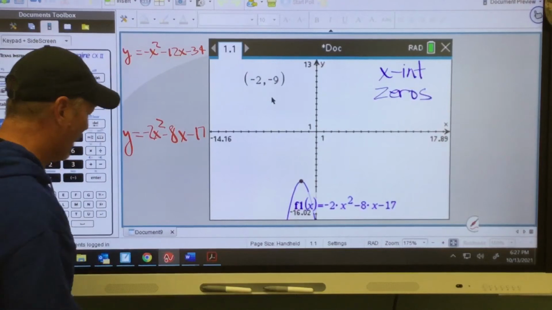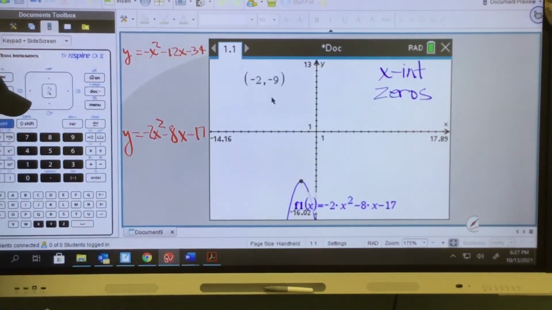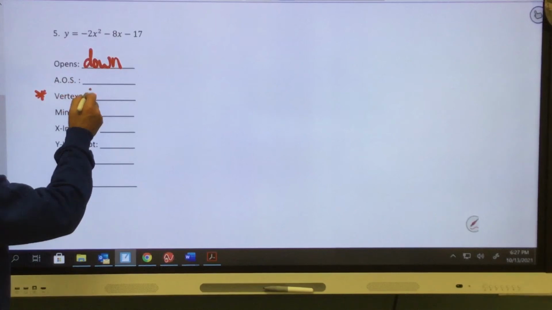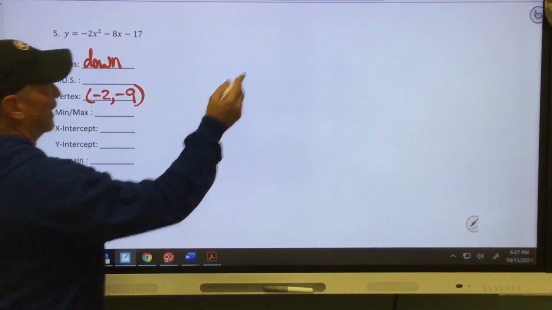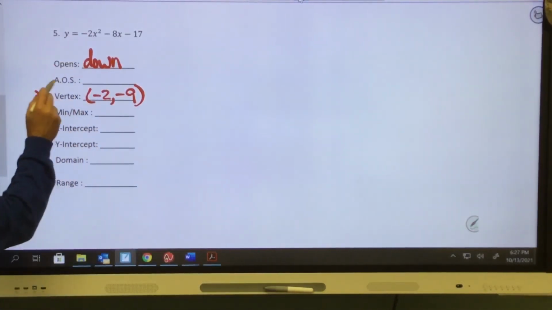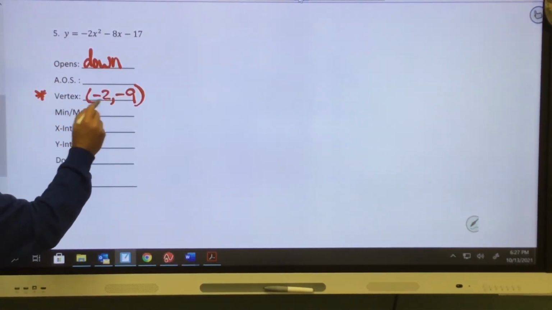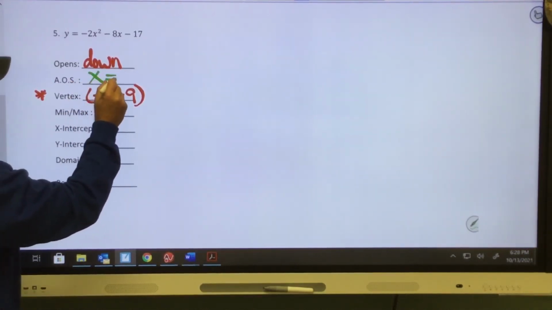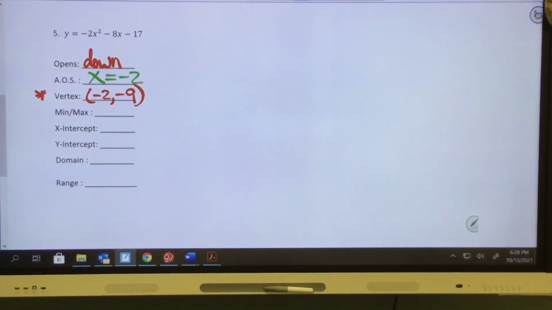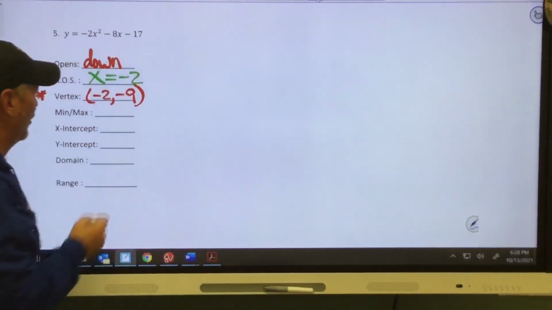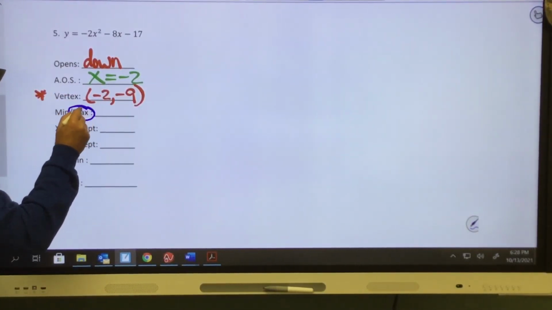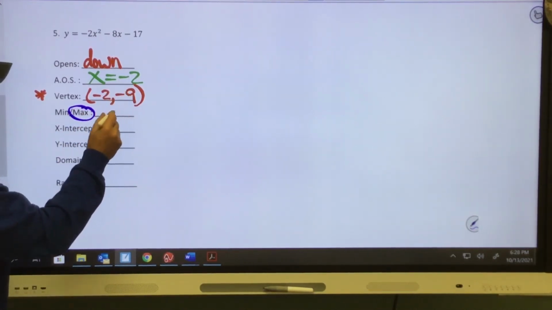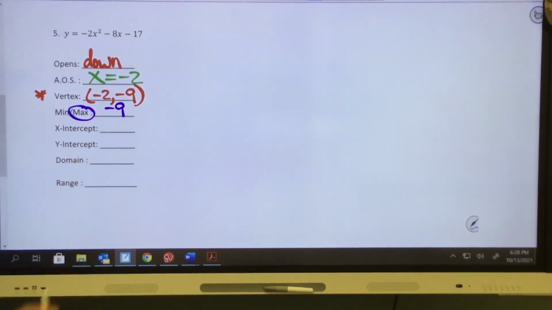Now, what can you learn from your maximum value at -2, -9? We said that the axis of symmetry will always be this X value. I have just found my axis of symmetry. We also said that from that vertex, I know that my graph is going to be a maximum, and all I need is the Y value of your vertex, and that gives us our maximum value.